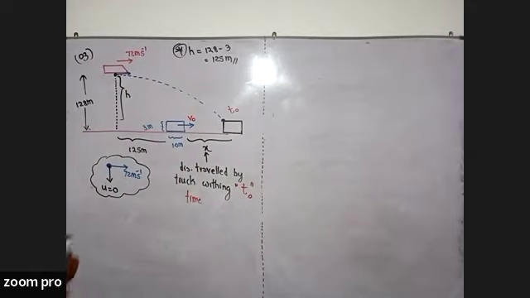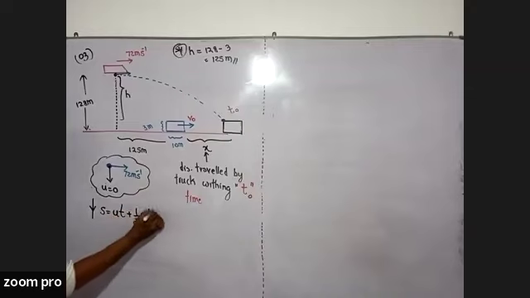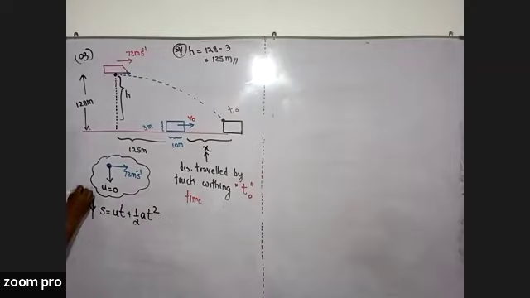Then now we are asking about the velocity of the truck, no? Right. So let's insert the equation s equal to ut plus half a t squared in the vertically downward direction. You know this is applied for the bomb, right?